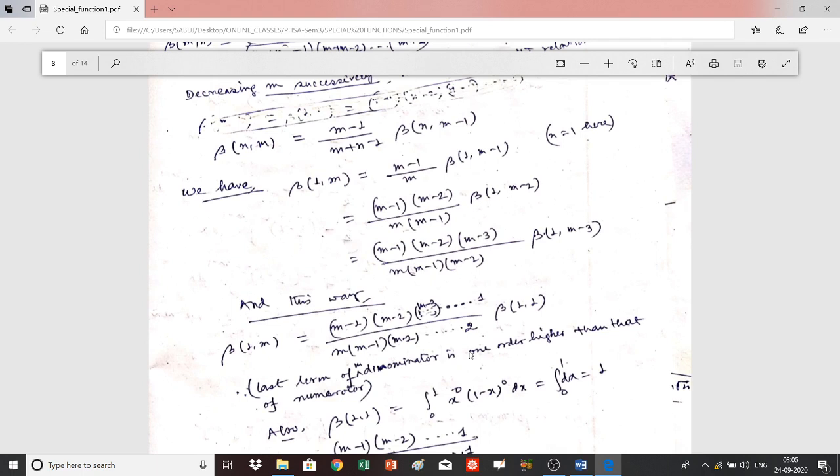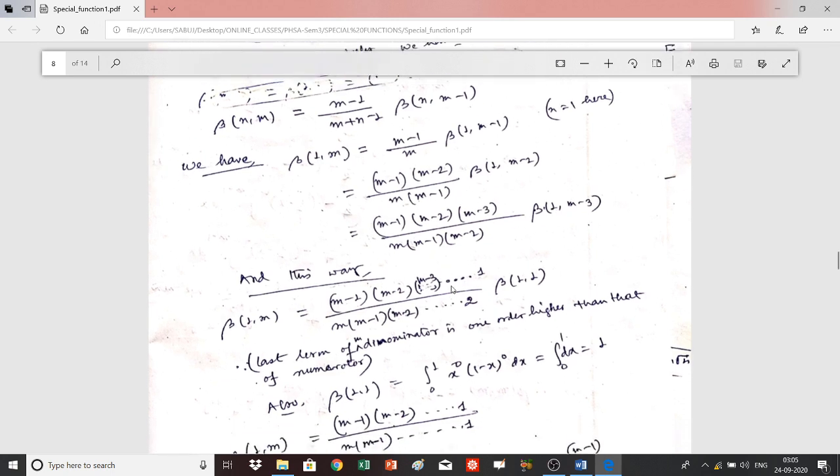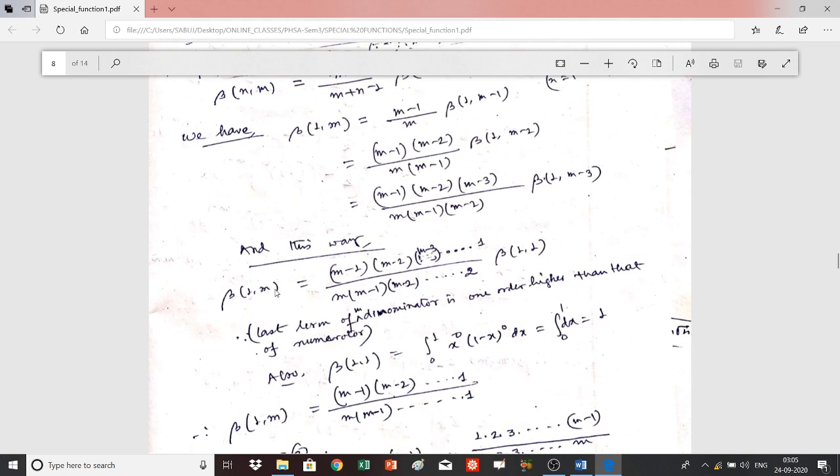So in this way, from here you can write m minus 1, then m minus 2, then the very next term will come m minus 3 by m, then m minus 1, m minus 2, and in this way beta 1 m minus 3. And if you proceed in this way, the final term will give you 1. So beta 1m is equal to m minus 1, m minus 2, and in this way the last term is 1, and in the denominator m into m minus 1, m minus 2, in this way.